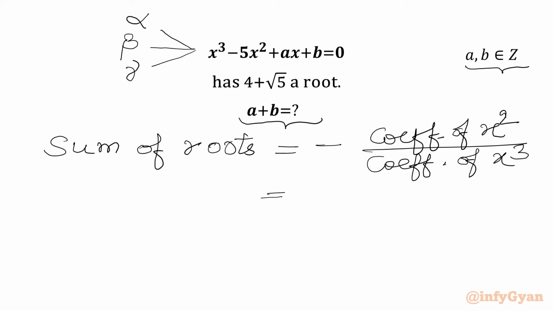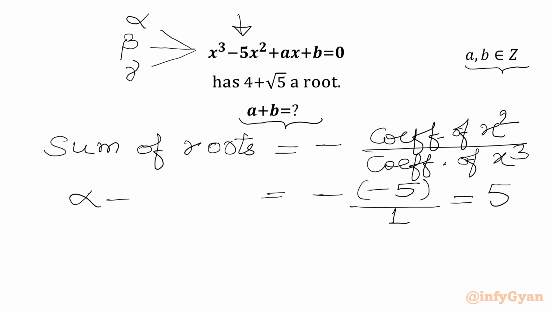The coefficient of x square is negative 5, so we'll write minus of minus 5 over the coefficient of x cube, which is 1. So minus times minus 5 is plus 5. In place of the sum of roots, we will be writing alpha plus beta plus gamma.